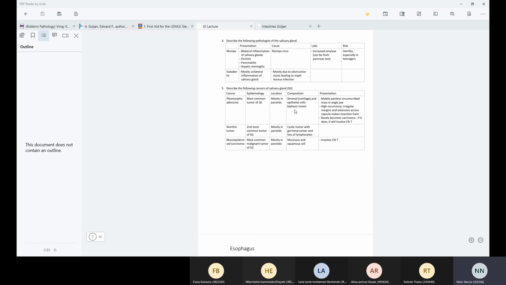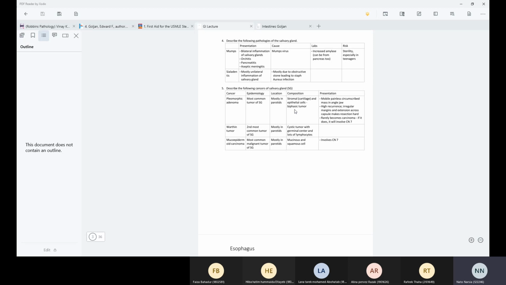And pleomorphic, that is why there is pleomorphism, that is different size and shape cells if you find them, right? So adenoma is a benign tumor, but it is pleomorphic, that means you will find different types of tissue. Biphasic pleomorphic adenoma, just memorize that it is biphasic, and biphasic means you should find different tissue there.